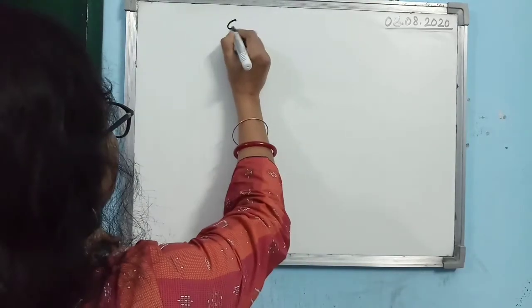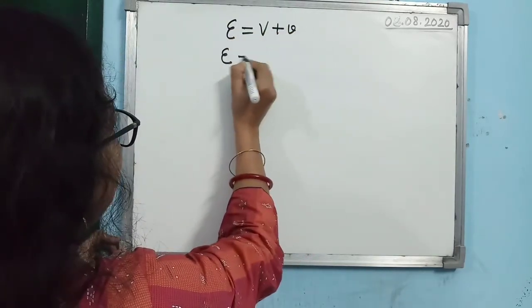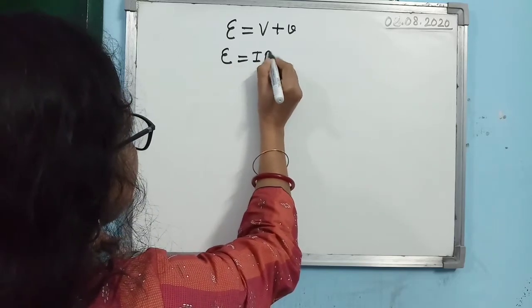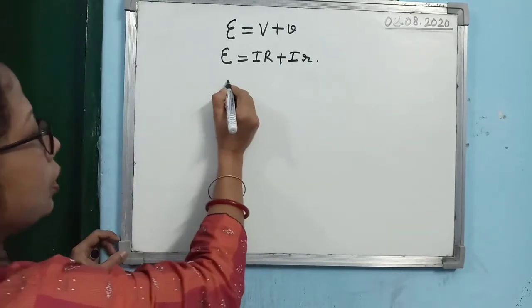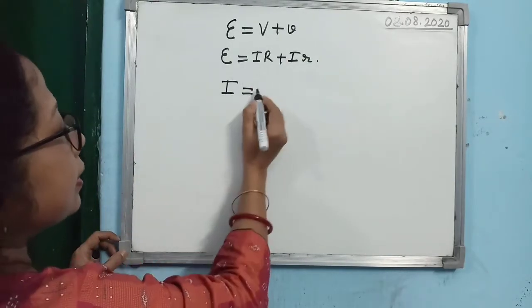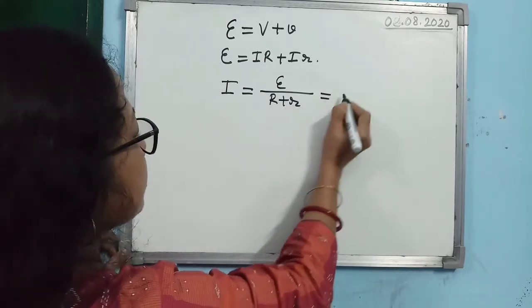Now different relations between EMF, terminal PD and the voltage drop, and also in terms of the resistance and current. So you see, I can write like this. You can write what is the current in the circuit. It is EMF divided by total resistance.